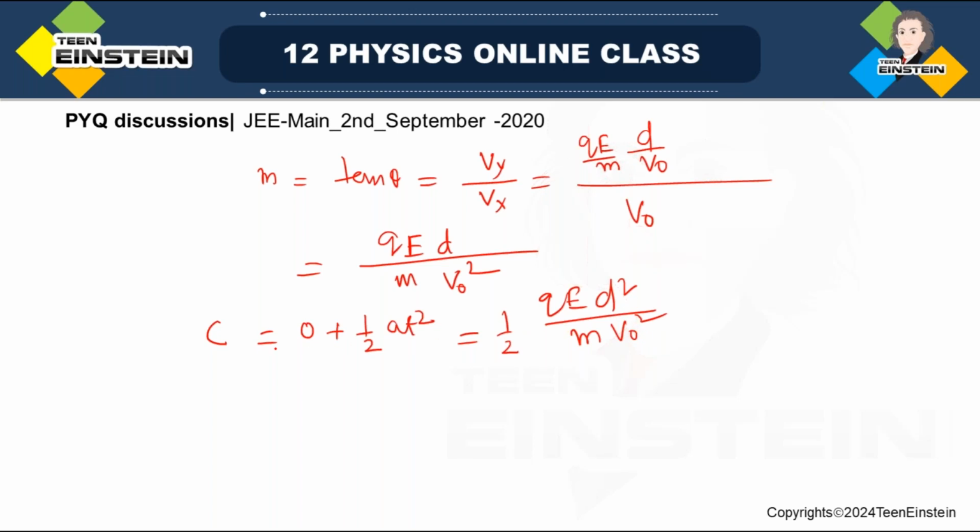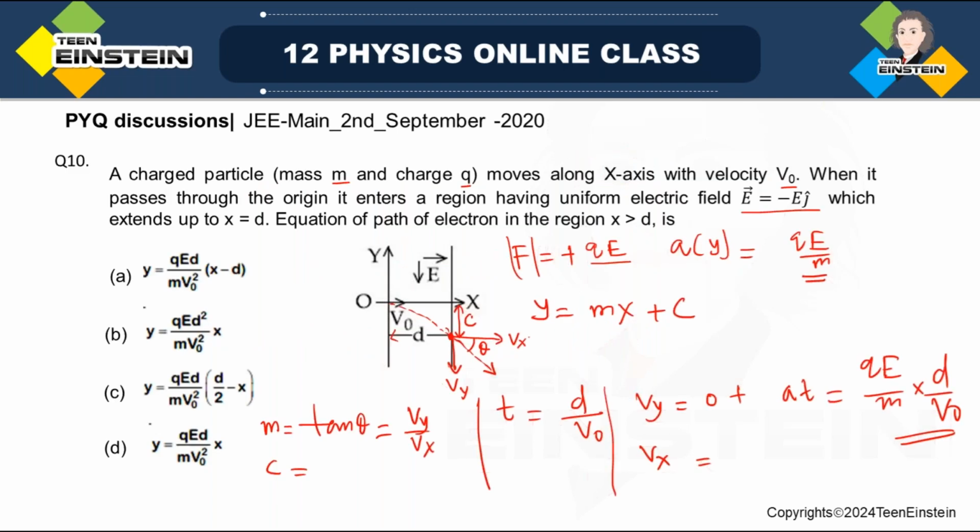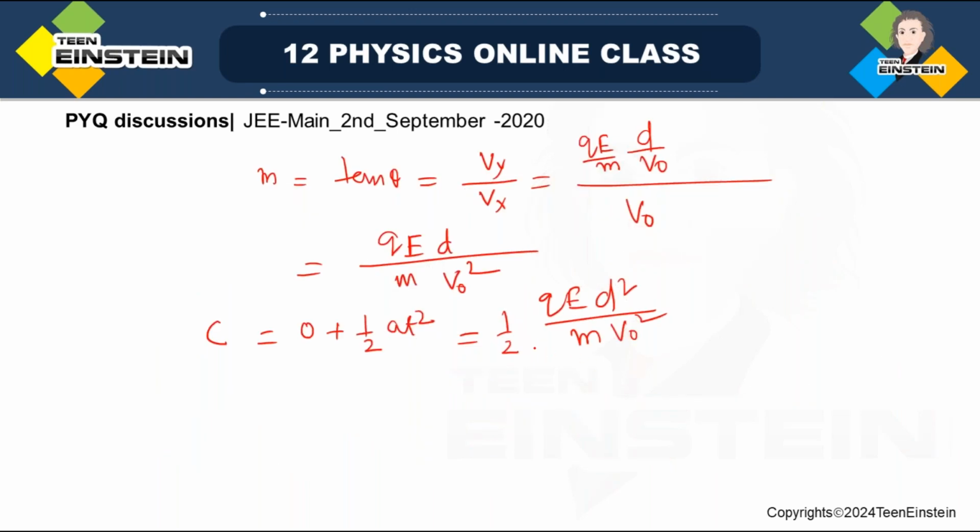I have got this. But you look here, actually if I just take this as origin, so this is in the negative y direction. So I can take this as negative sign. Then look what I get: y is equal to m into x minus c.